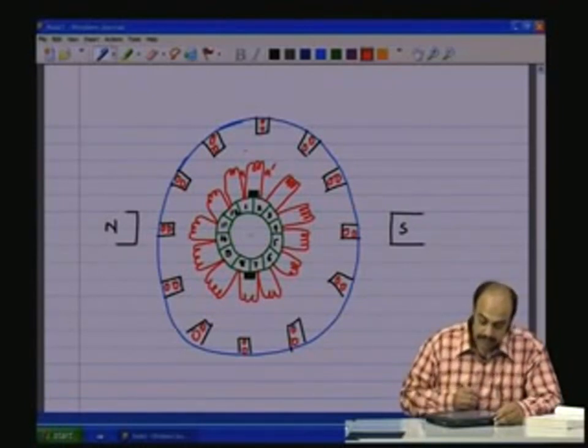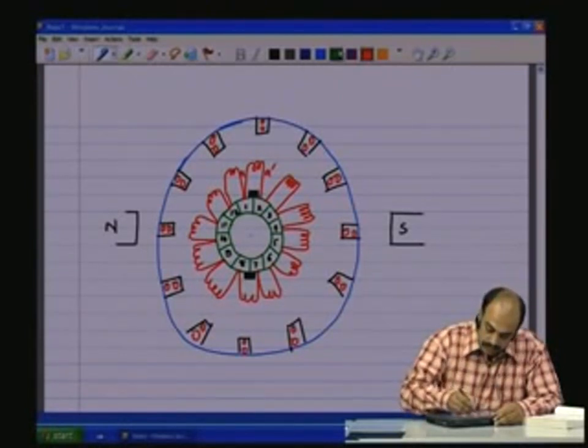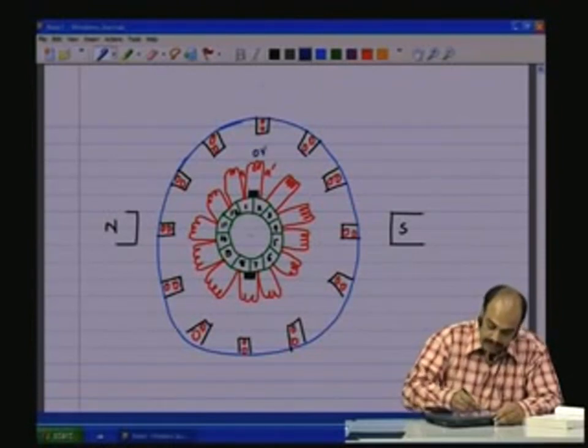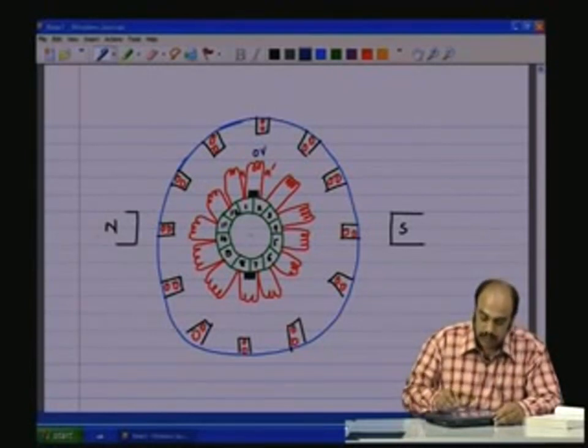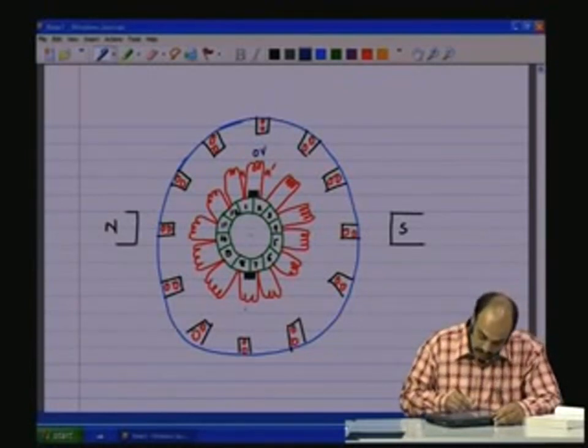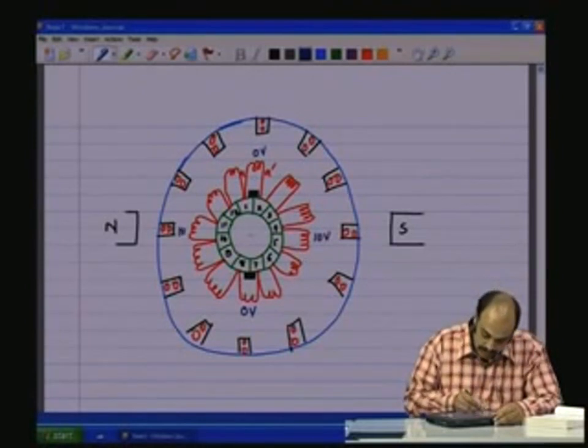At a given point of time, in the picture here, let us see the voltage. The voltage across this is going to be 0 volts because this is at an orthogonal axis with respect to the north-south axis. The voltage here could be, let us say, 10 volts.